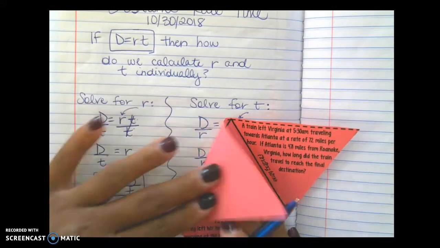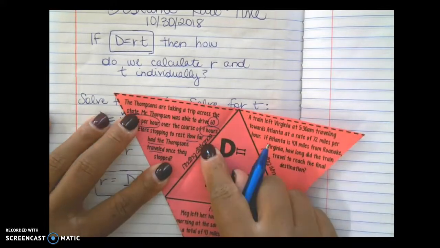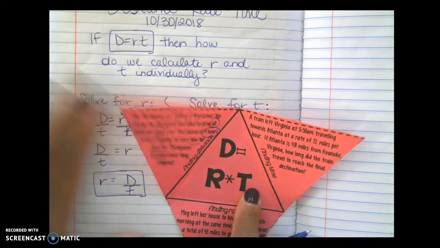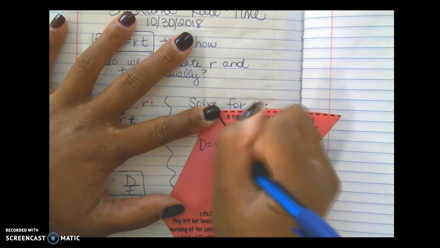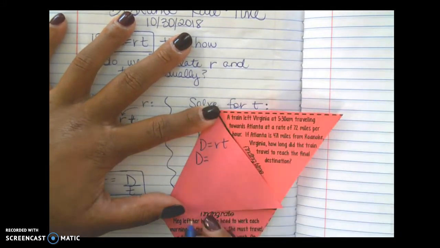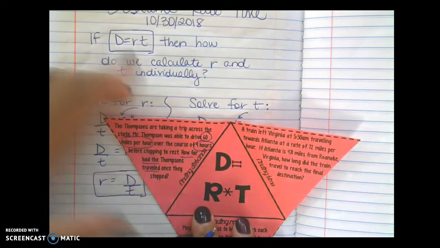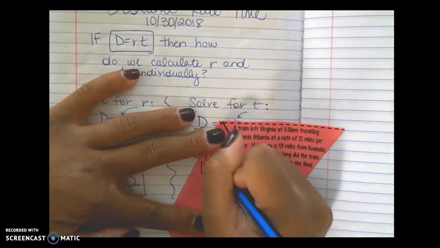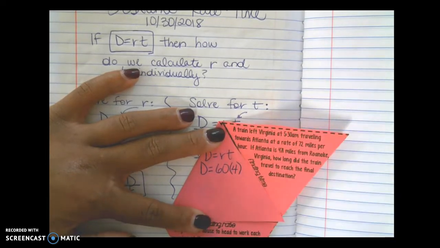So on the back of my flap, I'm going to write my formula. I'm finding distance, so I need D equals RT. I need to plug in what I know. D equals 60 is my rate, times 4 is my time.